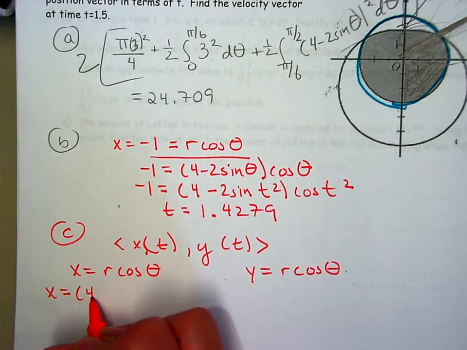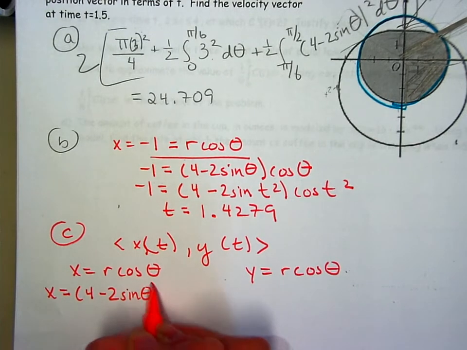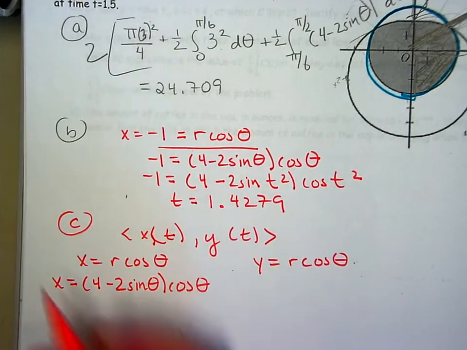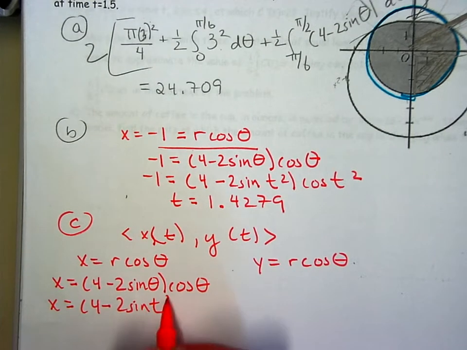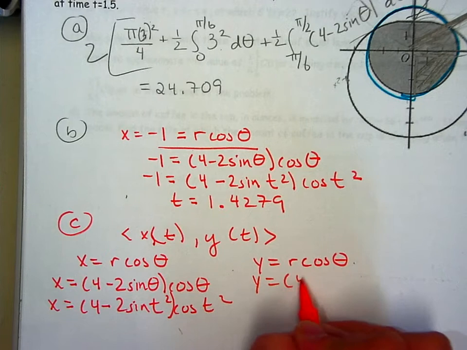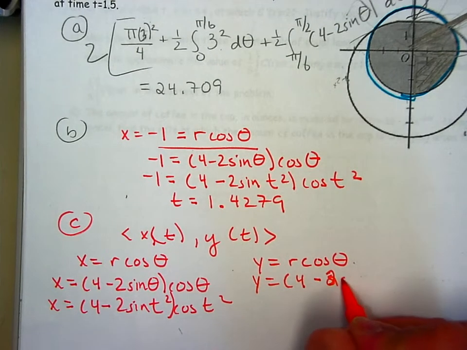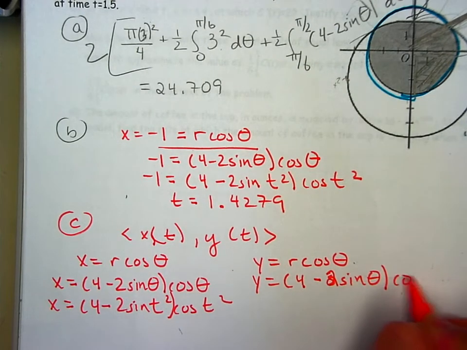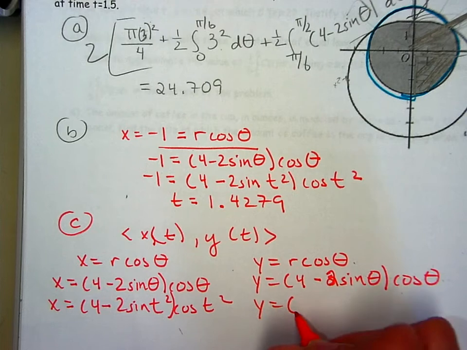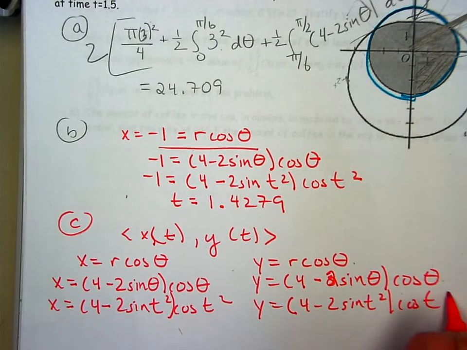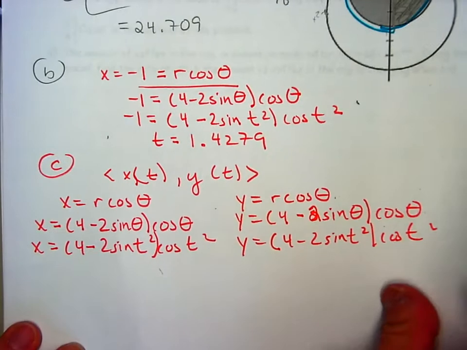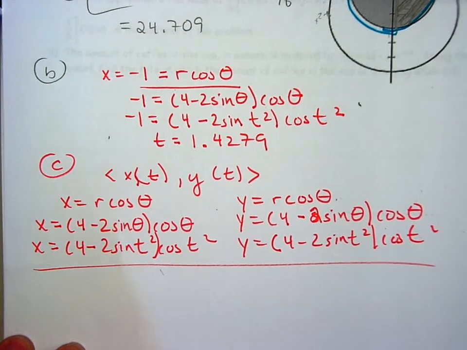So r is 4 minus 2 sine theta, and theta is also the same as t squared. Cosine of t squared, oops, parentheses, y equals same thing here. Plug in t squared for theta. Okay, there's my x, there's my y, this is my position vector, and I'm done.